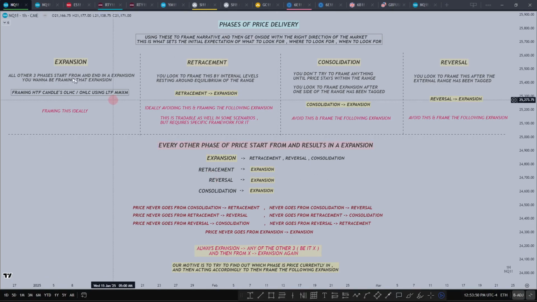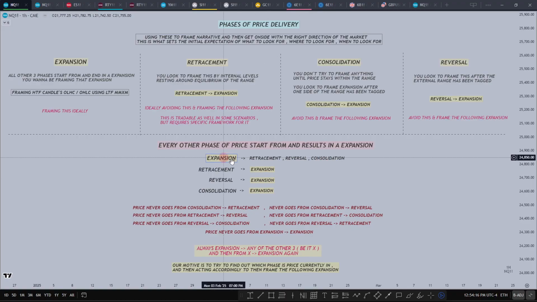Now this, as I said, every other phase of price starts from and results into an expansion: retracement to then expansion, reversal to then expansion, consolidation to then expansion. Expansion is the intermediary phase. Price can go from expansion to any other phase, but from any other phase it can only go into an expansion.